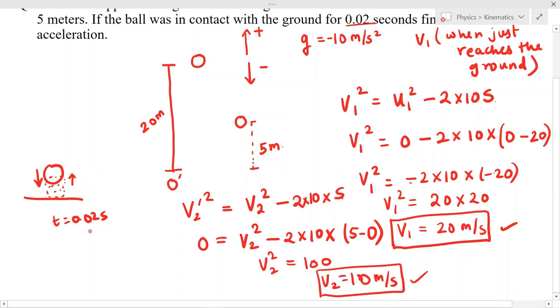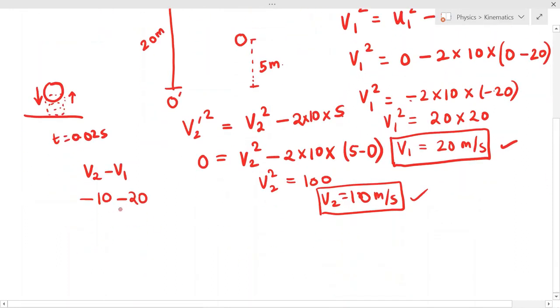That means the total change in velocity is v2 minus v1. What is v2? v2 is minus 10 because it is in the down direction, and v1 is plus 20, so it is minus 30, divided by 0.02 meters per second squared.